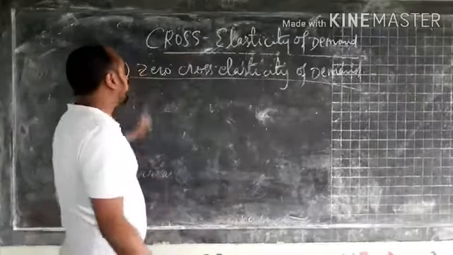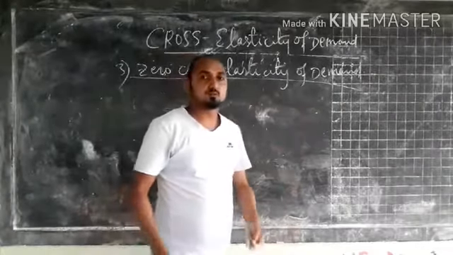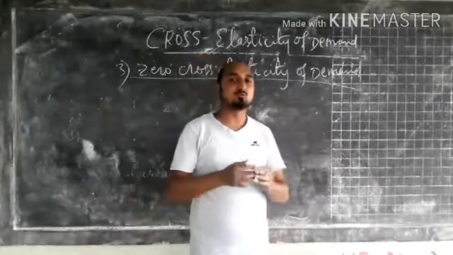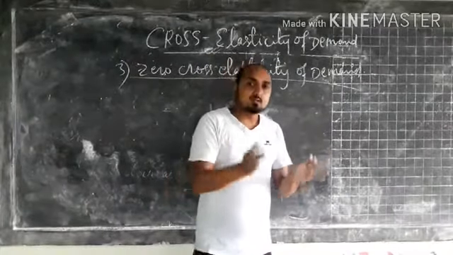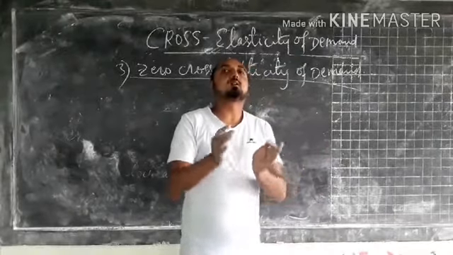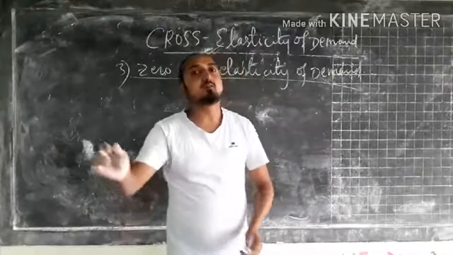Now the third one is zero cross elasticity of demand. Cross elasticity of demand is said to be zero when an increase in the price of one commodity does not affect the quantity demanded for other commodities.